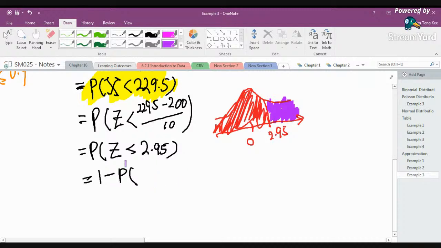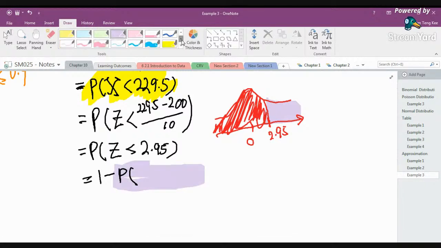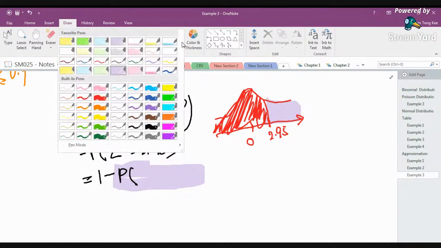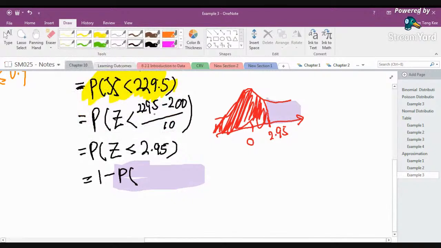So we have 1 minus this part I highlighted in purple, and that part is actually equivalent to P(Z greater than or equal to 2.95).